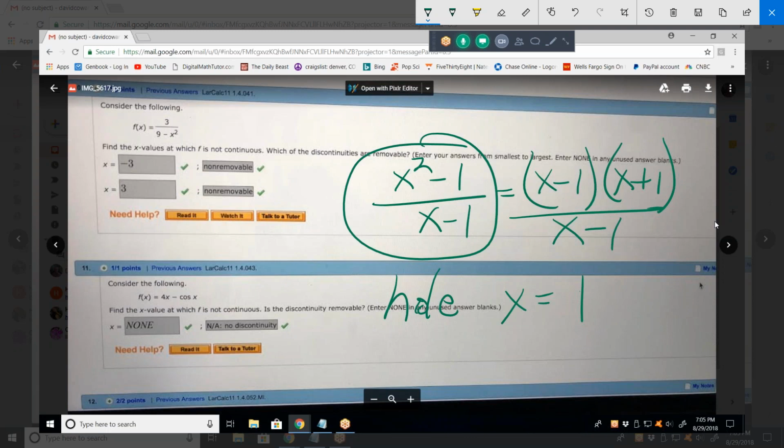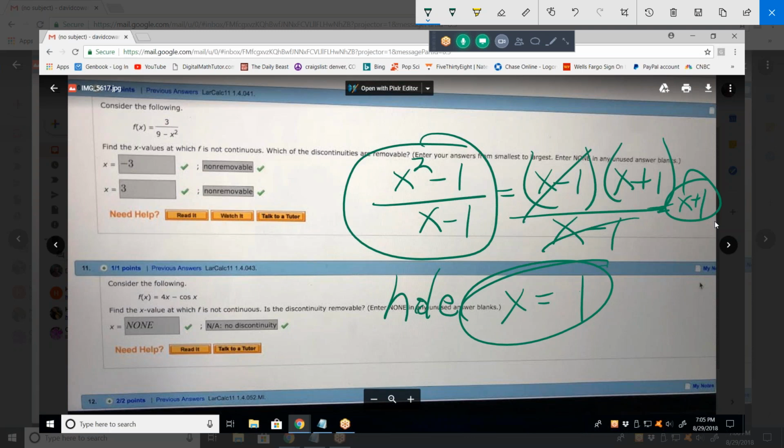Even though this reduces to x plus 1 and x being 1 doesn't appear to be a problem here, it is. Just because you can cancel them out does not take away the domain restriction. x can never be 1, and when x can never be 1, that means vertical asymptote, that means non-removable discontinuity. Okay, that makes sense.